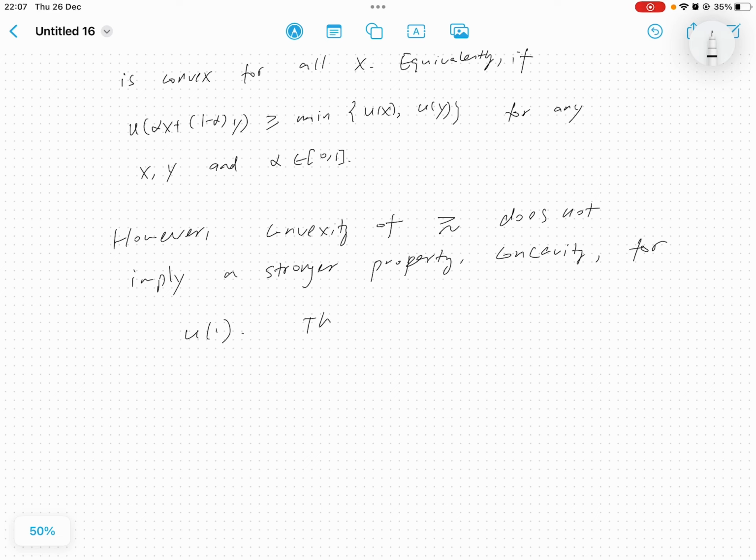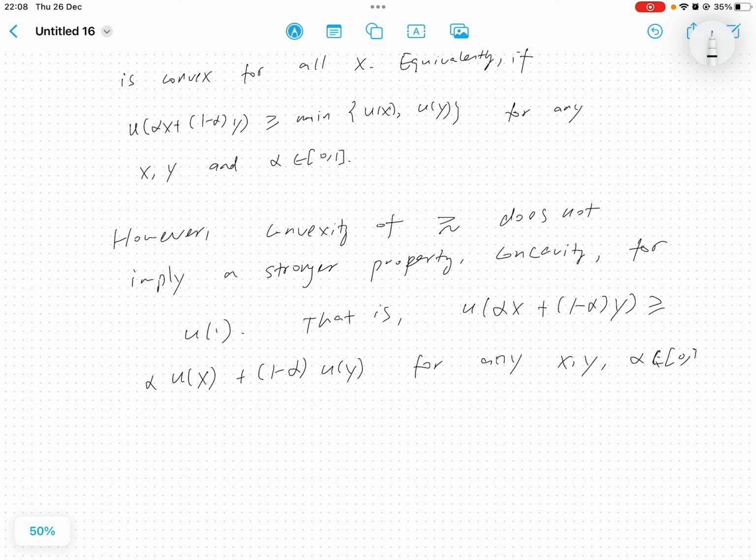Concavity means that u(alpha x plus 1 minus alpha y) is greater than or equal to alpha u(x) plus 1 minus alpha u(y), for any x, y and alpha.